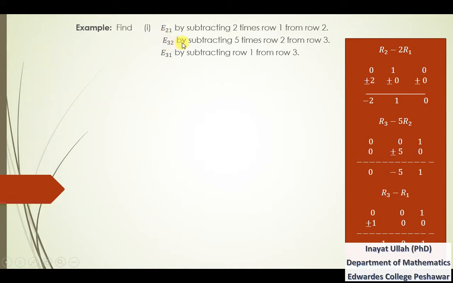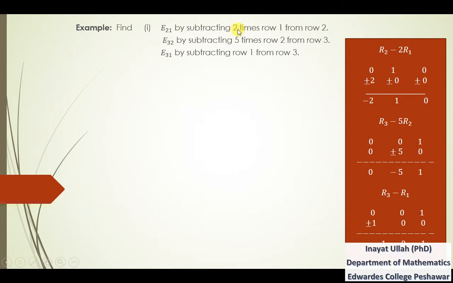E32 is subtracting 5 times row 2 from row 3. Similarly, E31 is subtracting row 1 from row 3. So remember this order: row 1 from row 3, row 2 from row 3, row 1 from row 2.